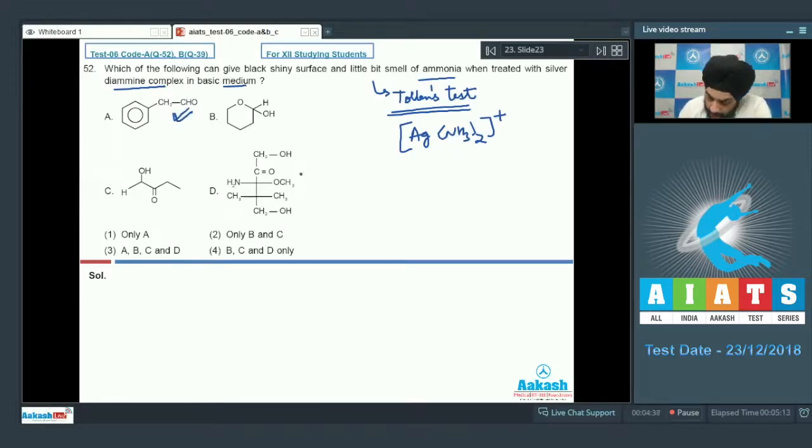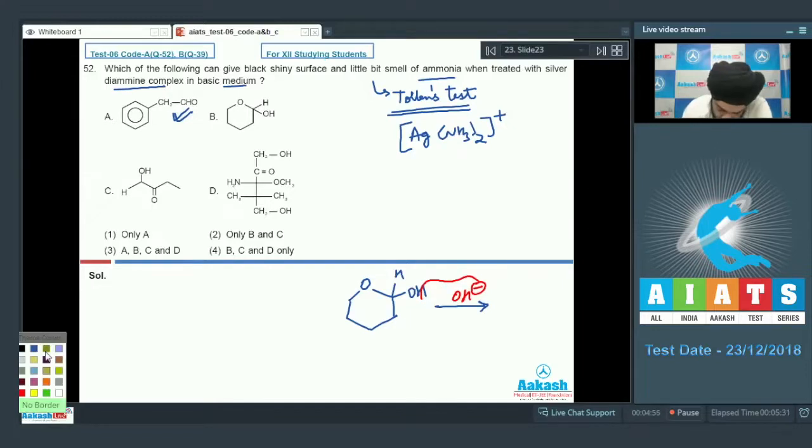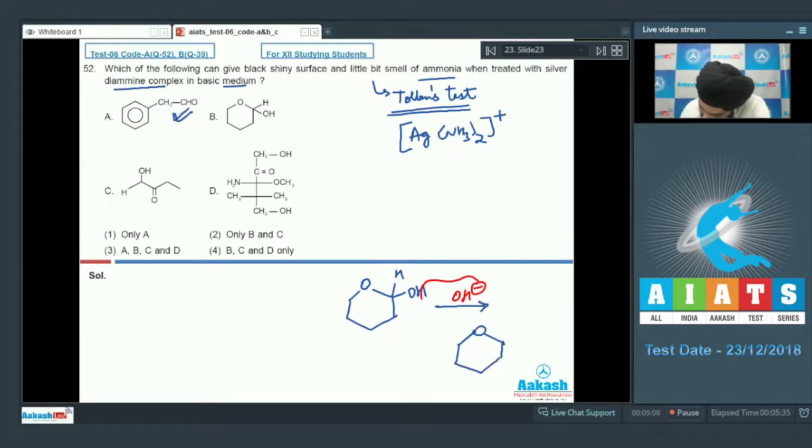If we talk about the B option now, the B option is a hemiacetal, and this hemiacetal can undergo cleavage in the presence of basic medium. So the basic medium will extract this acidic hydrogen, so we are going to get the formation of an intermediate.